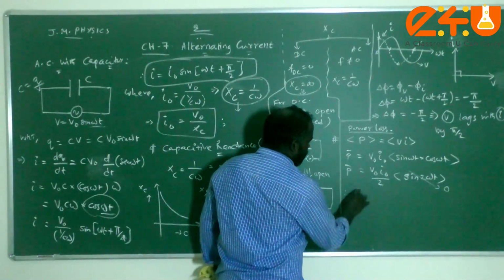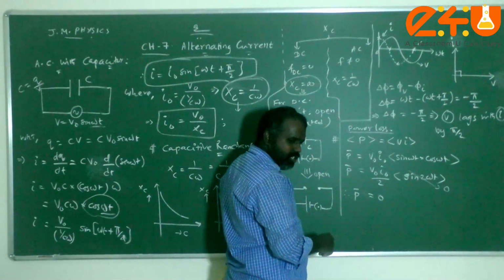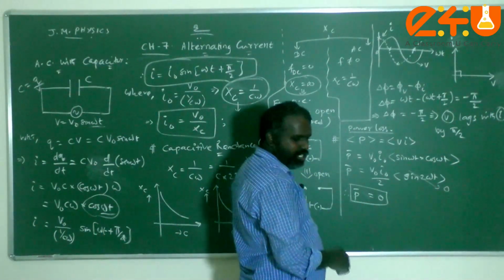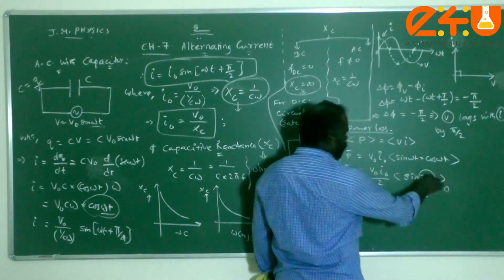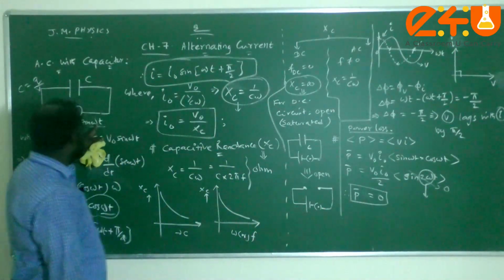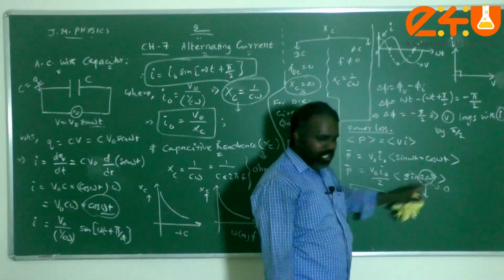Therefore, the average power for one complete cycle when an AC source is connected to a pure capacitor is 0. But notice that the frequency term in the power is 2 times the frequency of the voltage and current. The frequency of voltage and current is omega, but here the power has 2 omega.